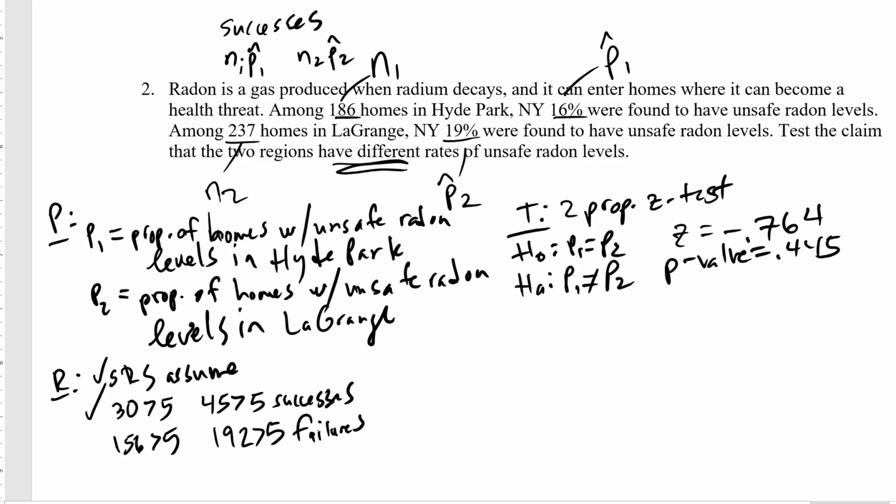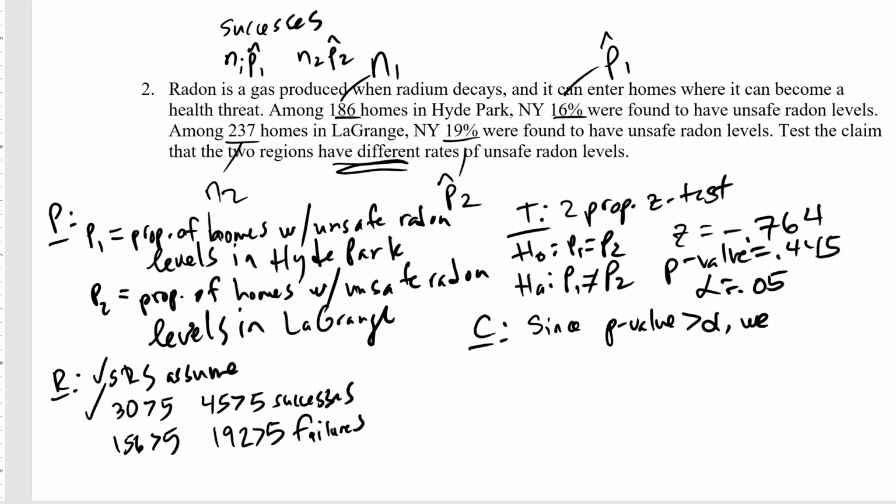And did they give me an alpha level? If they don't, we use 0.05. How do I conclude from this? Well, this time the p-value is not low. So since the p-value is greater than alpha, instead of rejecting, we fail to reject that the proportions are equal.